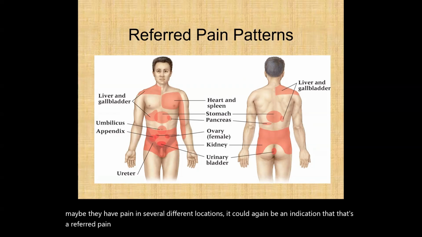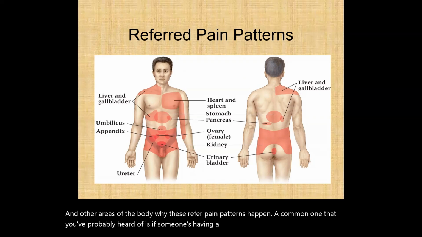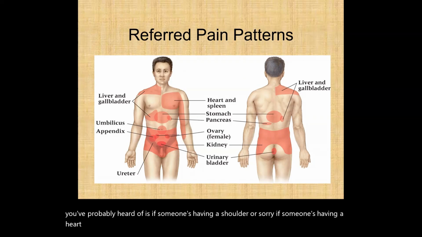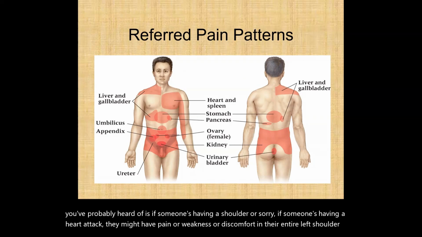Now, in most cases, the referred pain is just a wider area from where that organ actually stems. Some scientists think these referred pain patterns happen because some nerves are shared between that structure and other areas of the body. A common one that you've probably heard of is if someone's having a heart attack, they might have pain, weakness or discomfort in their entire left shoulder, arm, sometimes the jaw or the neck.